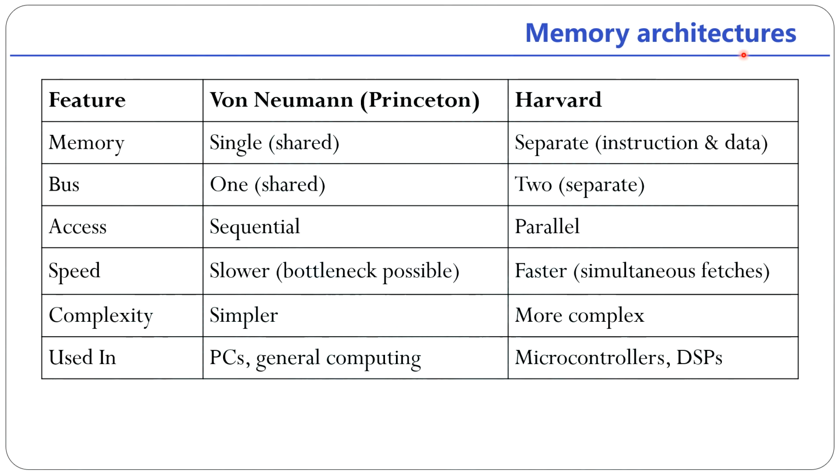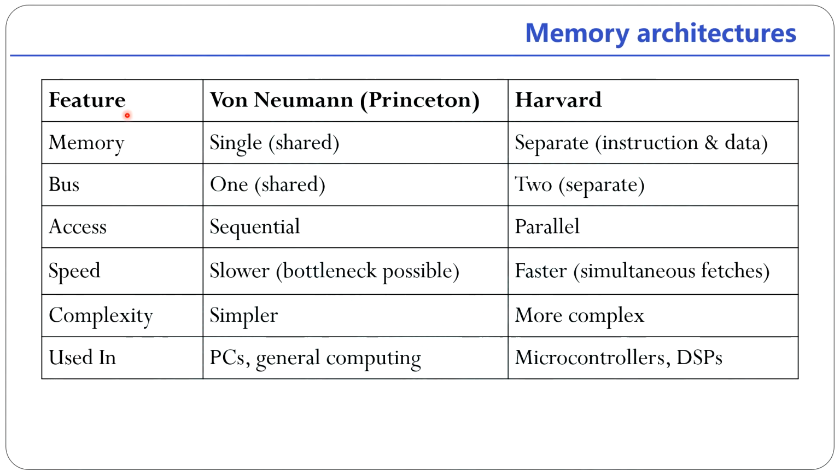Memory architectures we have learned a little in the previous slide. In this slide, one column is the feature, the second column is Princeton, that is the von Neumann, both are the same thing, and this is the third column. So one by one we will see the difference between these architectures.